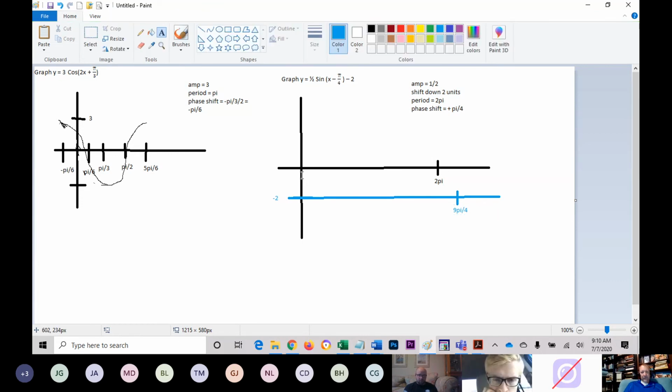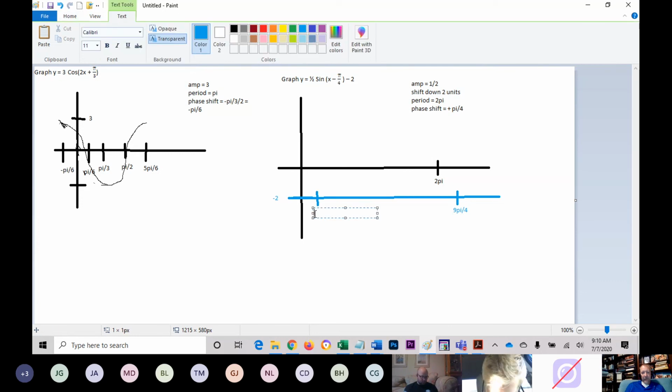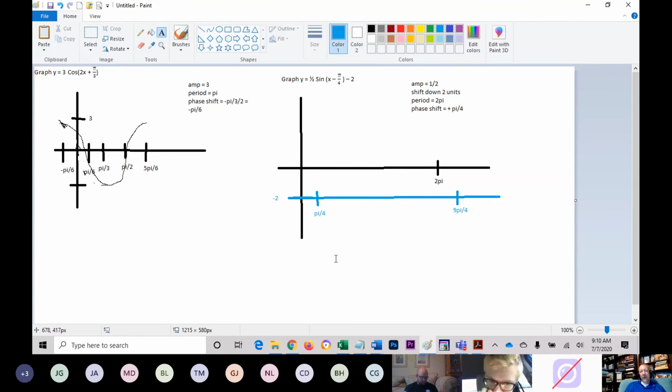Normally, and so now we're going to shift it pi fourths here. Pi over 4. And so at this point, I'm going to draw, because this is important here, this is going to be -1.